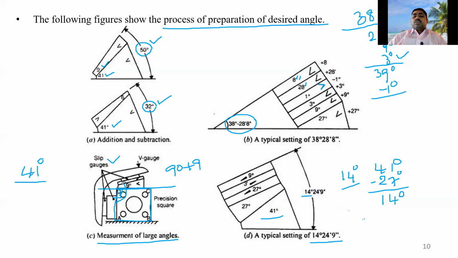So for that I can use a 27 minutes slip gauge, and then I have to subtract 3 minutes to get 24 minutes. So this slip gauge you have to keep in the opposite direction. And then there is a 9 minutes slip gauge available, that you can use directly to obtain the angle 14 degrees 24 minutes and 9 seconds.